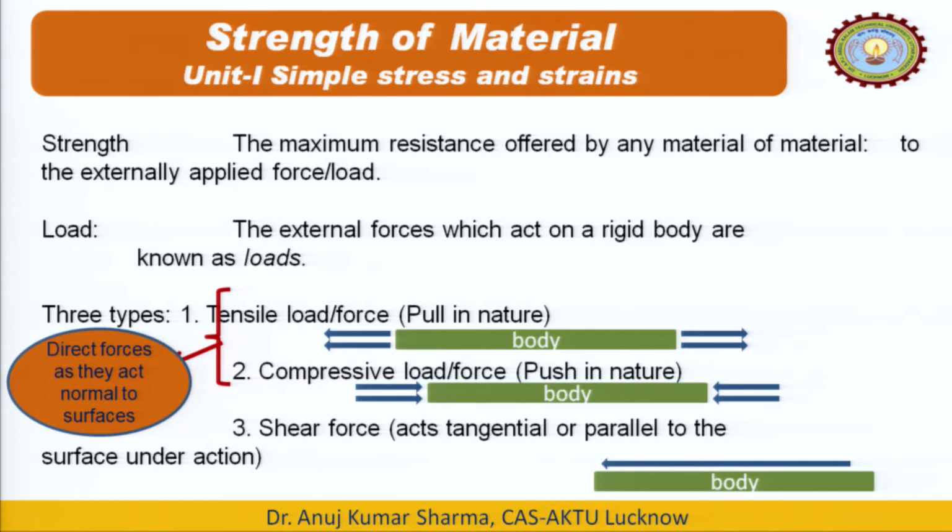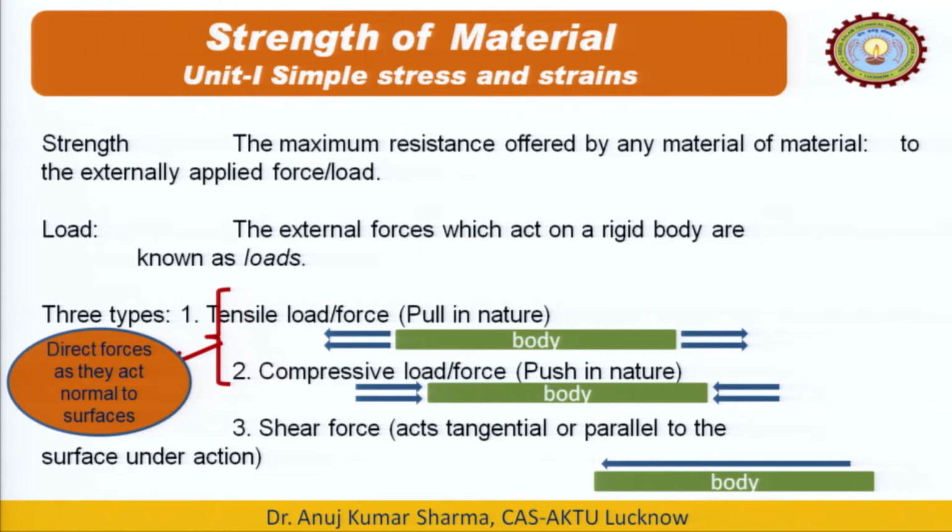When we apply any force on any object, it generally induces different types of resistance forces in it. These resistance forces try to resist the deformation which would be caused by the application of external forces.